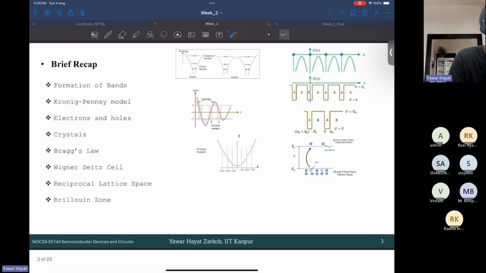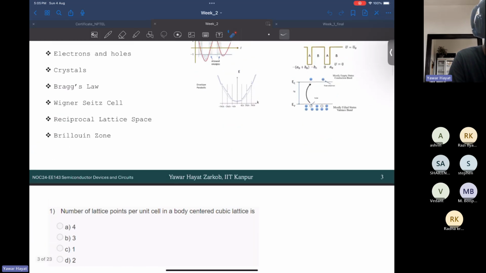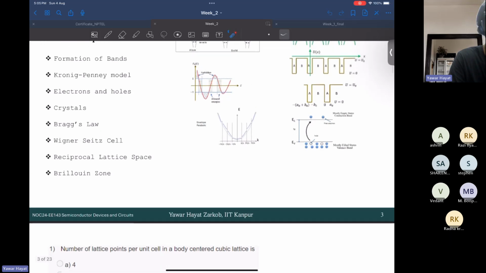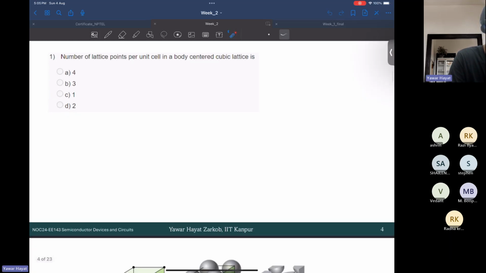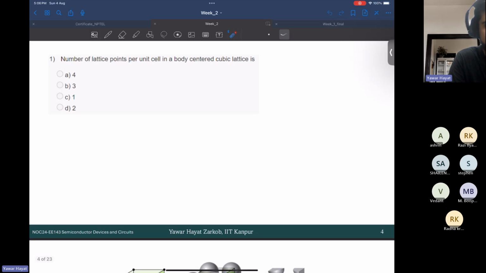Now, let's try to solve problems that are based on these concepts. We'll be starting with the easy ones. The first one is: what is the number of lattice points per unit cell in a body-centered cubic lattice? I would hope that the majority of you would answer this one. Please try to be interactive. You can either type in the chat or unmute and let me know the answer.